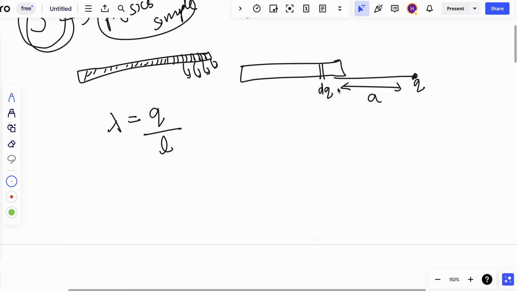This element is at a distance of dx from this end, of length dx. So for lambda, this is dq by dx.